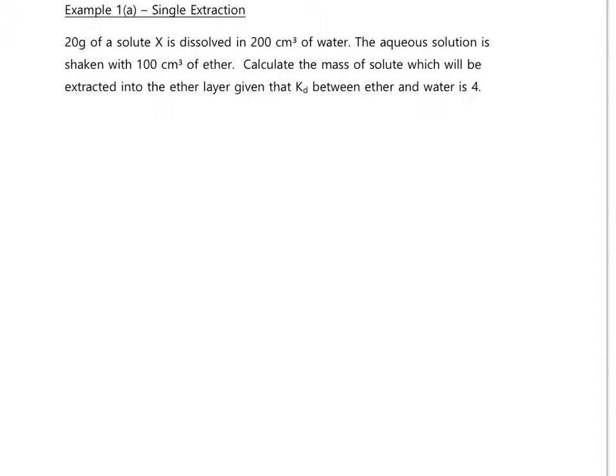So what you can see is that we've got solute X, and it's originally dissolved in 20 centimetres cubed of water. So let's set out our working out first of all. So we'll have X in water versus X in our ether, which is our organic solvent mentioned in the question.